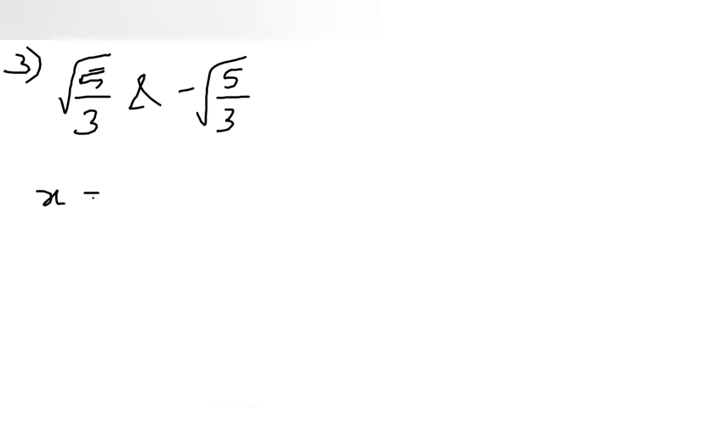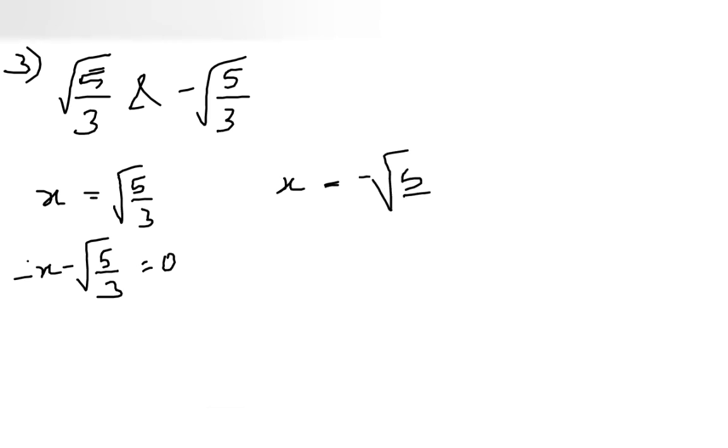Now here 2 zeros are given, that is root 5 upon 3 and minus root 5 upon 3. What we will do here is equate them to x. So x is equal to root 5 upon 3, so we get x minus root 5 upon 3 equals 0, and we equate the other also to 0, so minus root 5 upon 3.